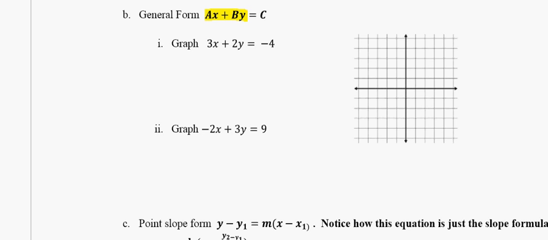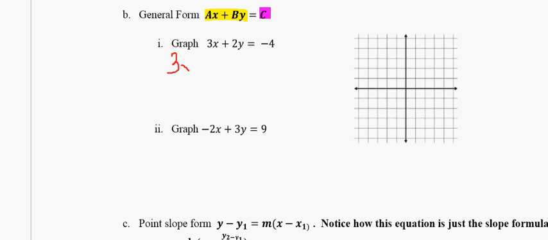It is basically where you have your x and y's on the left side of your equation, and then you have a constant, remember constant has no variable, on the right side of your equation. There are many ways to graph this line. Most people like to put it into slope-intercept form.